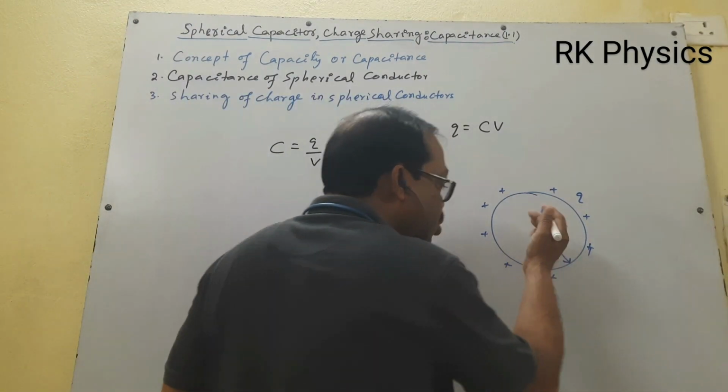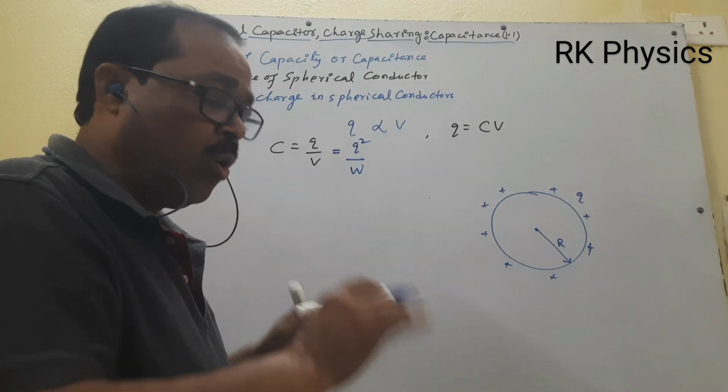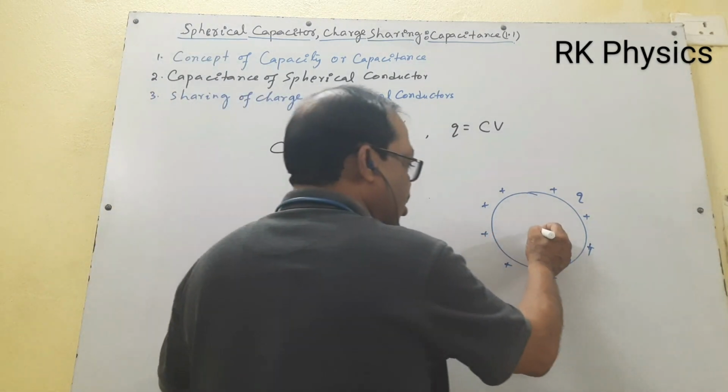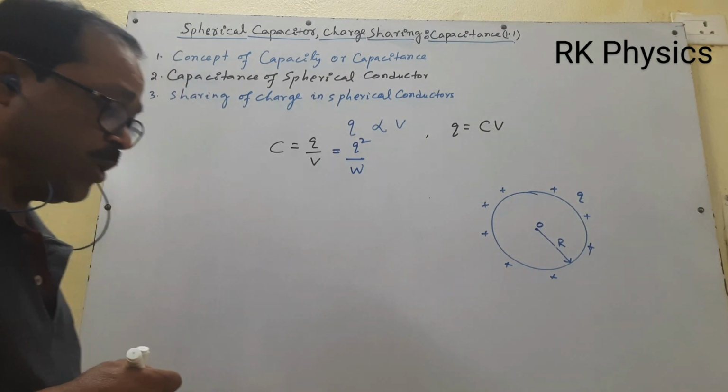Therefore, the lines of force near the surface indicate that all the lines of force diverge from the center, that is called the center of charge or center of the sphere.